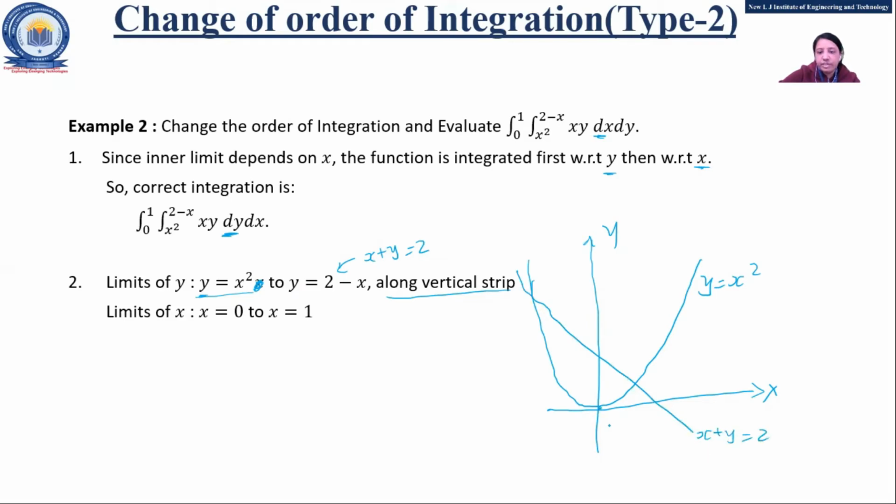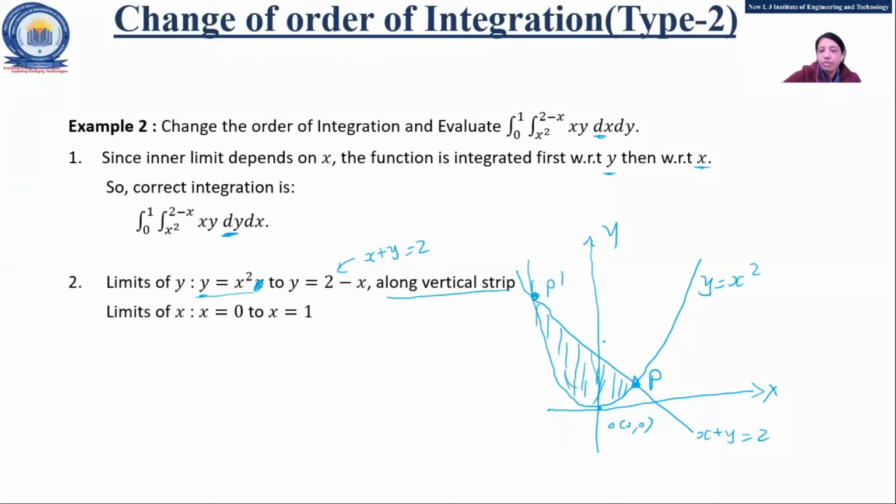This is my origin. Now this is x equal to 0. Now you can say this is my region. The intersection points are, one intersection point is this P, suppose, and this is another, that is P dash.